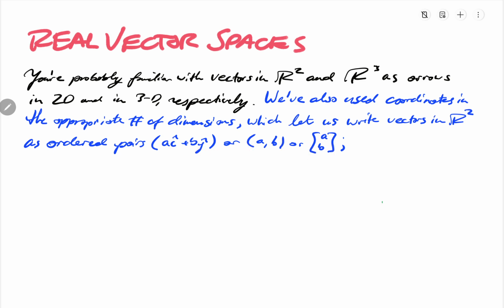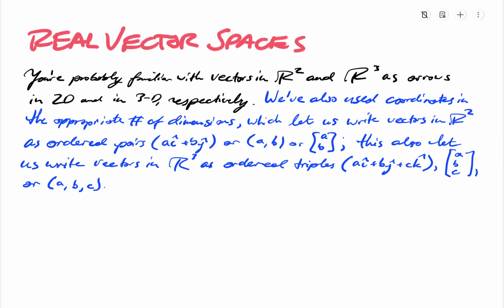They can also be described geometrically. We're going to skip that for now. This also let us write vectors in R3 as ordered triples with your i, j and k, with our vertical and our horizontal vectors as well.